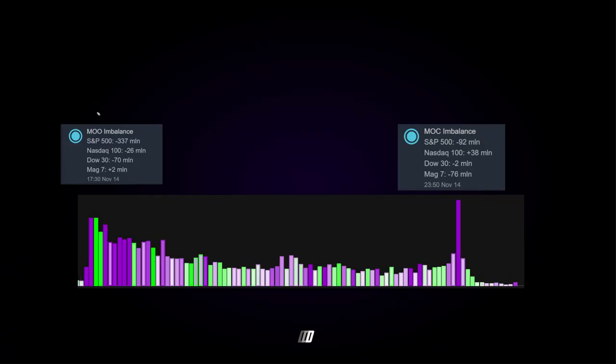And you will typically have released in financialjuice.com, which is a free website for looking at news, data that is provided directly by the exchanges. You will have a market on open imbalance that, for example, in this case was bearish.